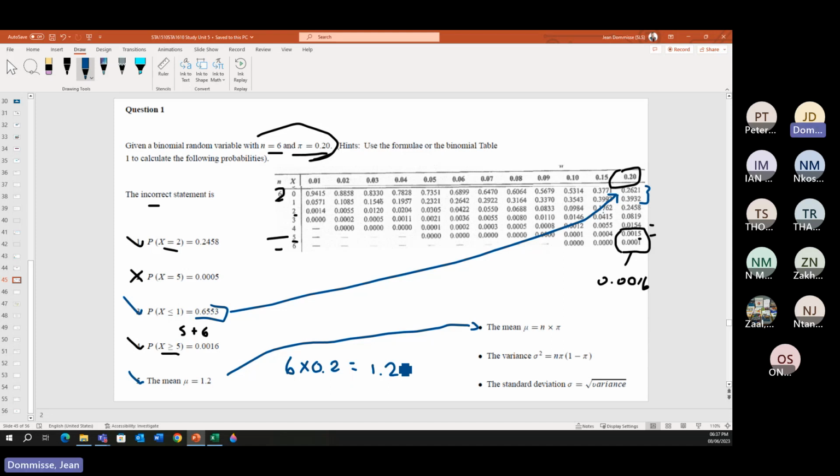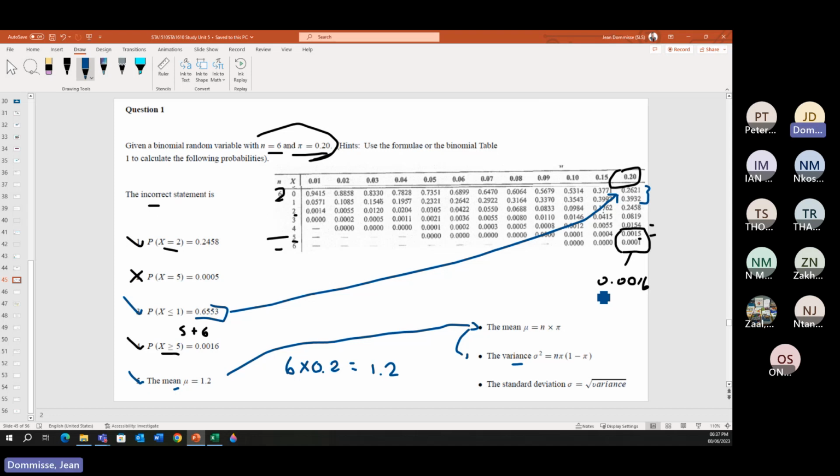Okay, what they do in binomial is to ask you a few probabilities, and then either the mean or the variance they will ask you to work out as one of the options. Not a lot of times will they ask you both, because to add just the 1 minus pi extra, they will rather ask you another probability question.